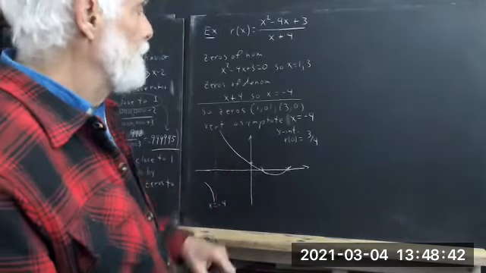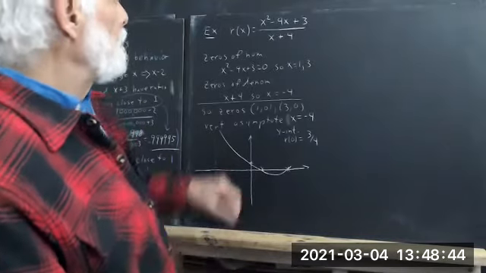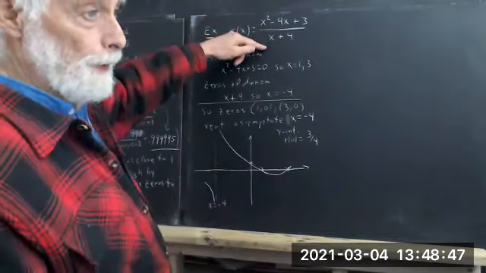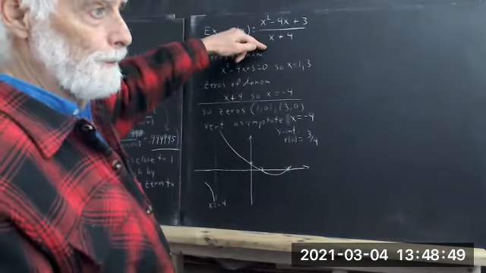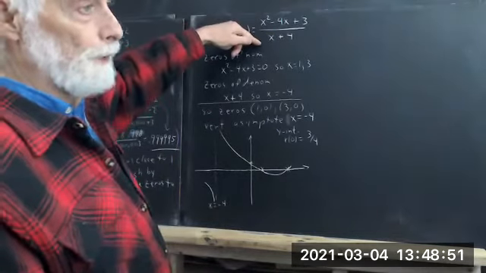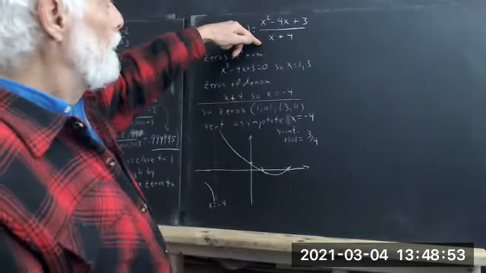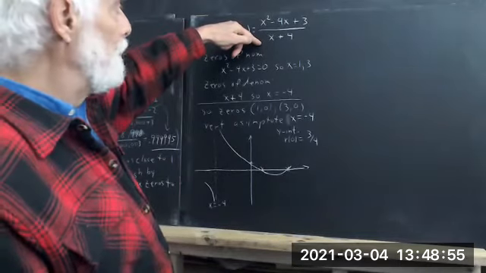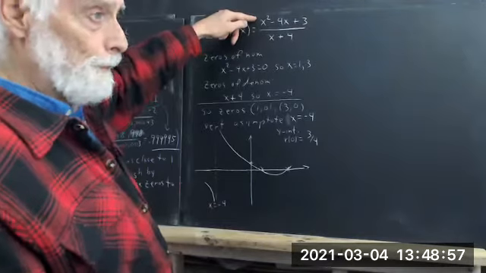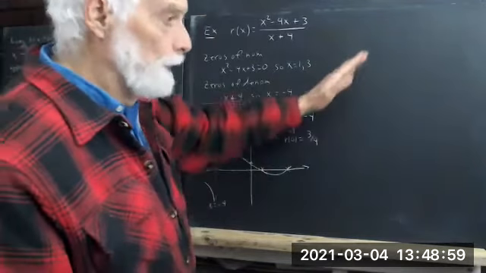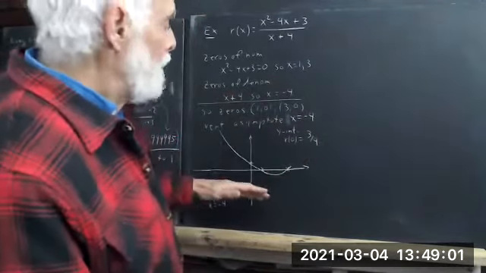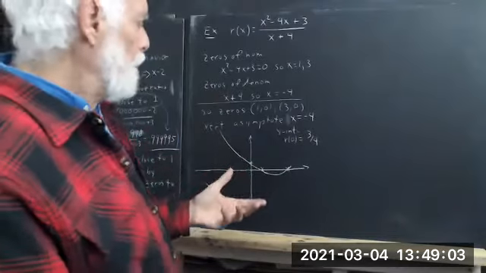Okay. If you think about it, this is going to grow faster than this, because this is x squared and this is just x. So the function has to keep getting bigger here. Now, we don't know exactly how it's going to get bigger.